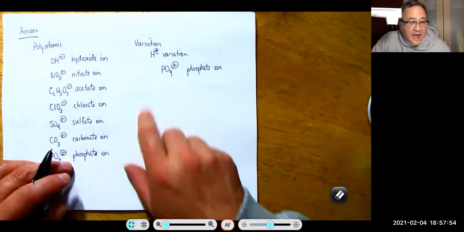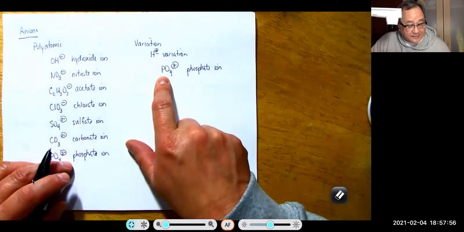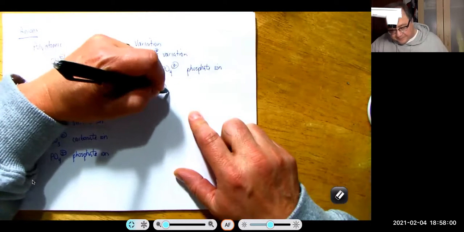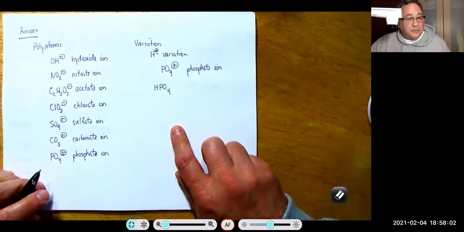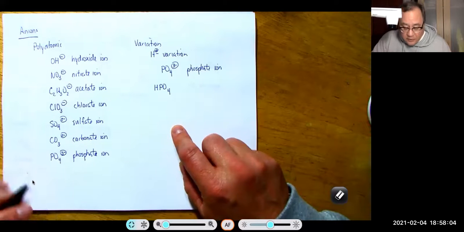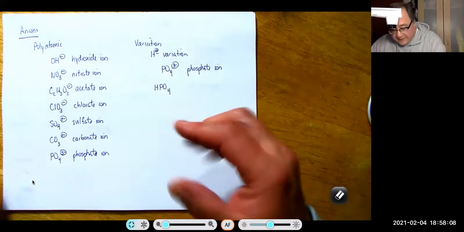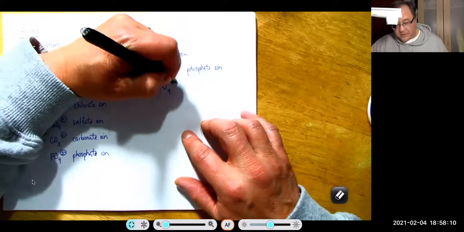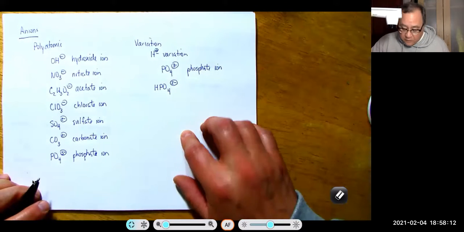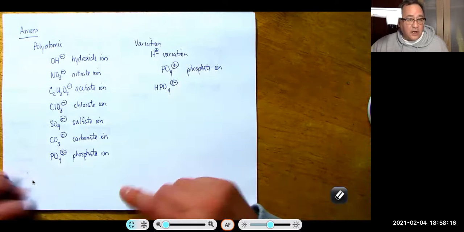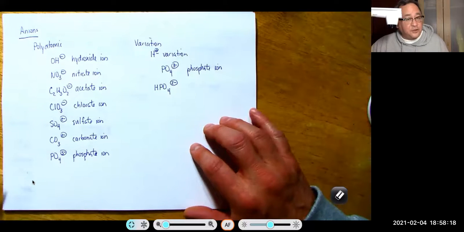What happens if I add an H plus to this guy? Well, we get HPO4. What happens to the charge? When you have a +1 and a -3, they add together to be -2. So it's got a different formula than the phosphate ion, different charge. What do we call it? Well, we call it hydrogen phosphate.